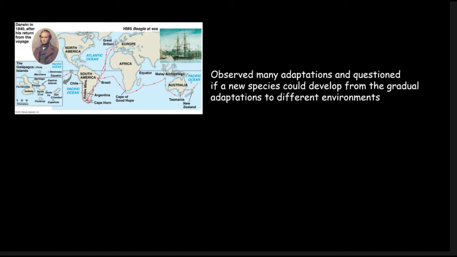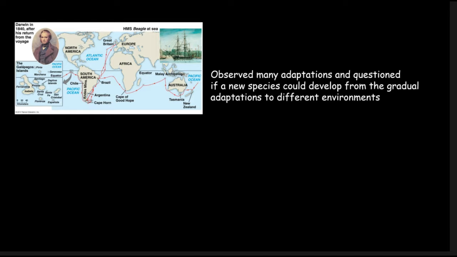And one thing that he noticed was that adaptations allowed organisms to survive in their environments. And so he questioned if a new species could develop from the gradual adaptations to different environments. And this was like the big question that he answered, and that is what really became the basis for his theory of evolution by descent with modification.